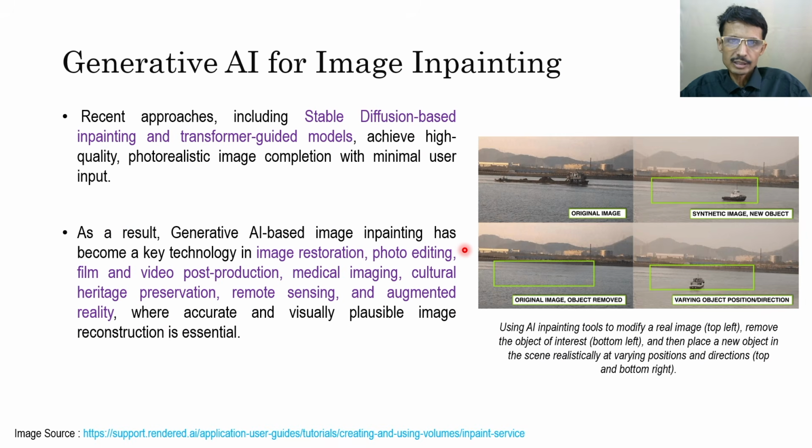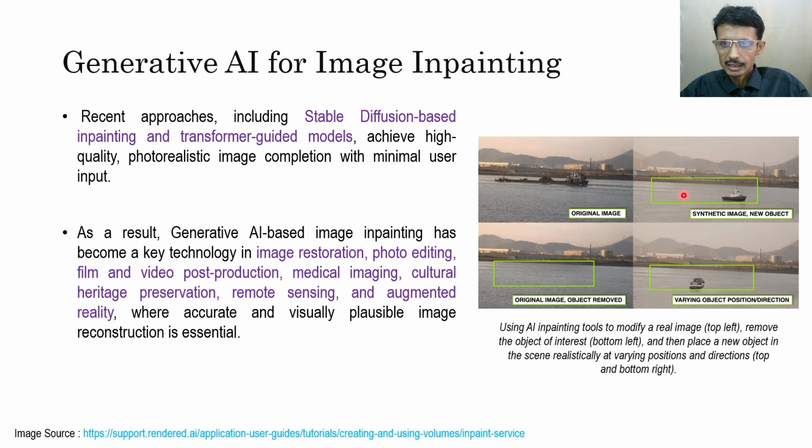Recent approaches, including stable diffusion-based inpainting and transformer-guided models, achieve high-quality photorealistic image completion, as you can see here. The original image, and the synthetic image with the new object. And here you can see the original image, where this part is just gone. So original image, object removed. Synthetic image, new object, varying object position or direction.